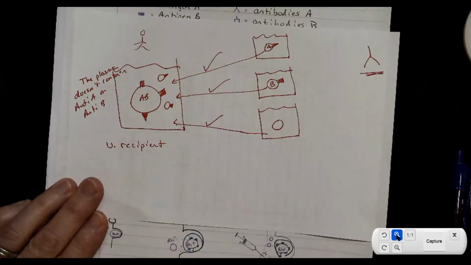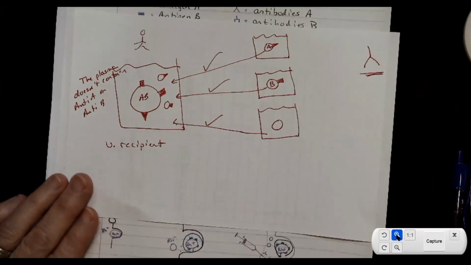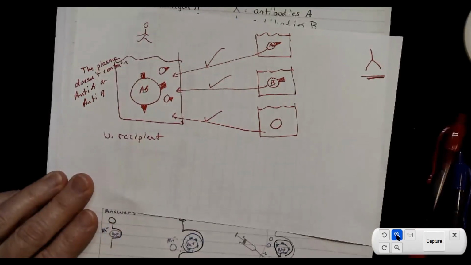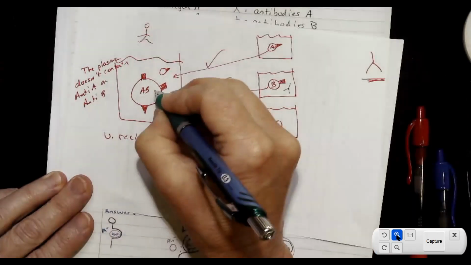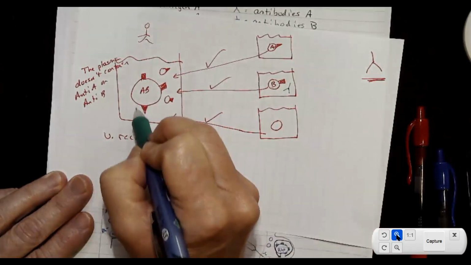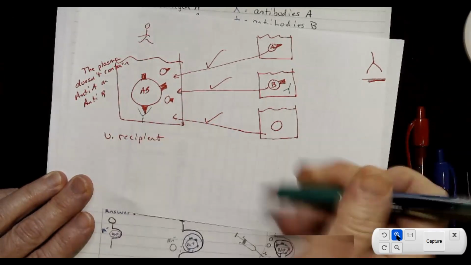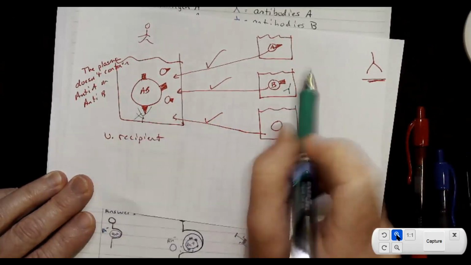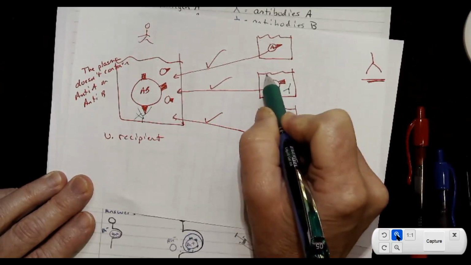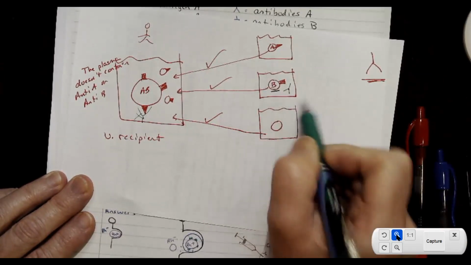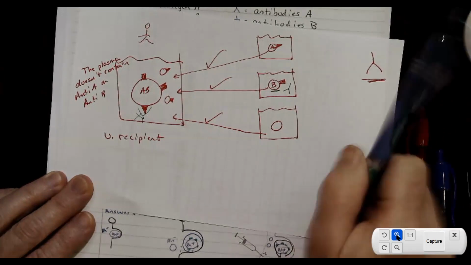This is where students make their mistake. They're like, well, look, this one has anti-A in it. If you bring it over here, then you're going to have clumping on here, right? Well, remember, you're only donating the red blood cell, not the plasma, okay? So if you're talking about plasma, you're right.